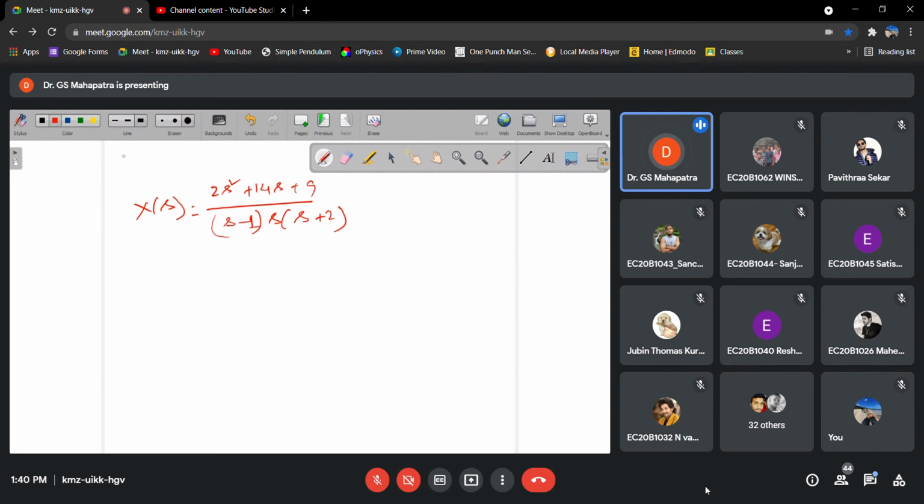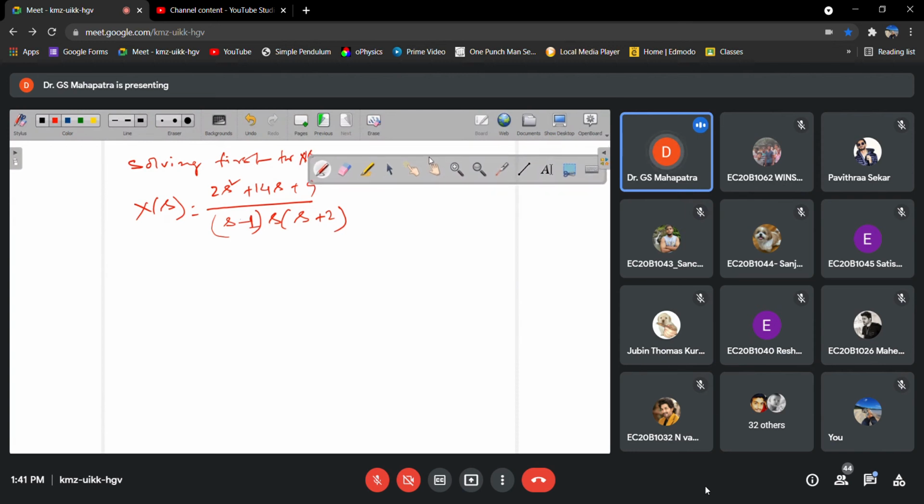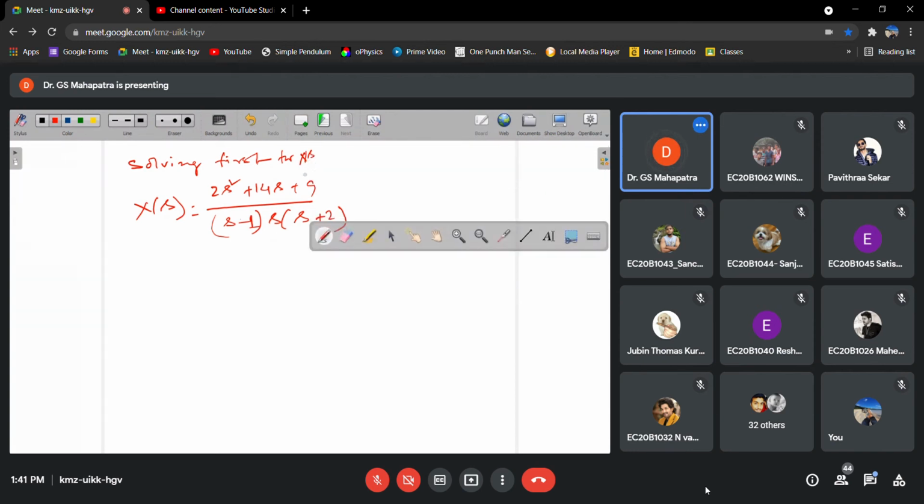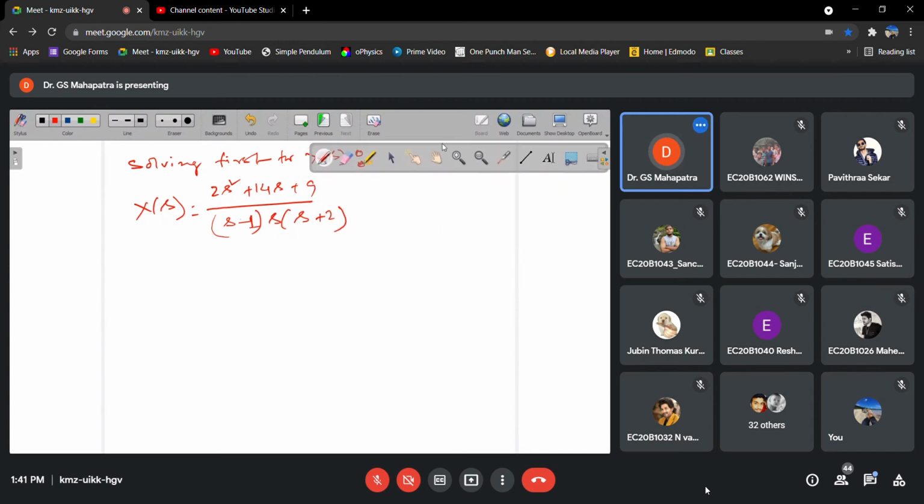Now you have to write: solving first for X of s. So X of s is this one.